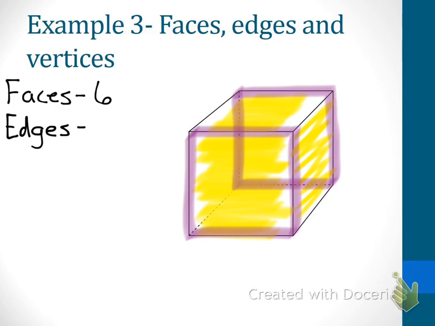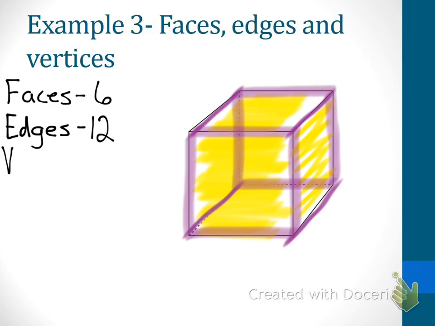Now, what about the right and left? 2. There's 2 on the right and 2 on the left. I only count the edges once. I've already counted 2 of the edges when I did the front and back, so there's 1, 2, 3, 4 on the right and left, so 4 plus 4 plus 2 plus 2, 12 edges.